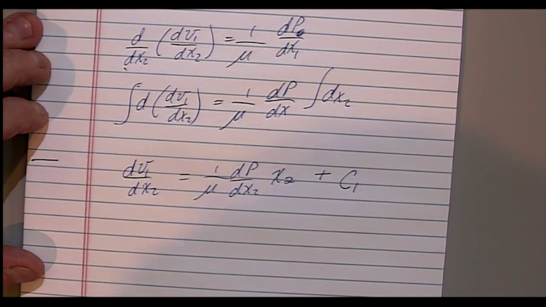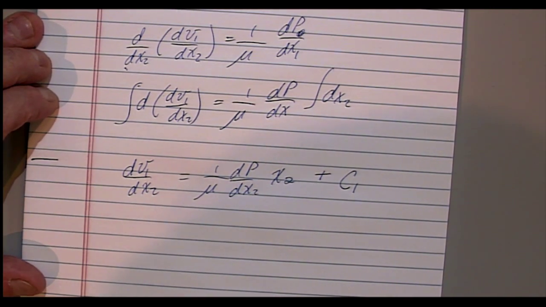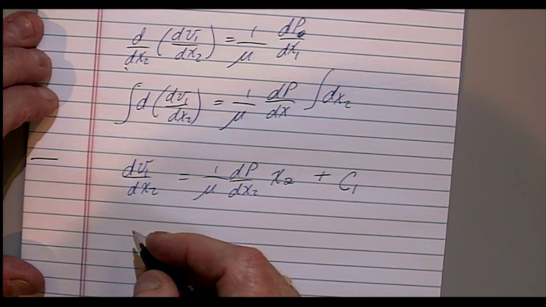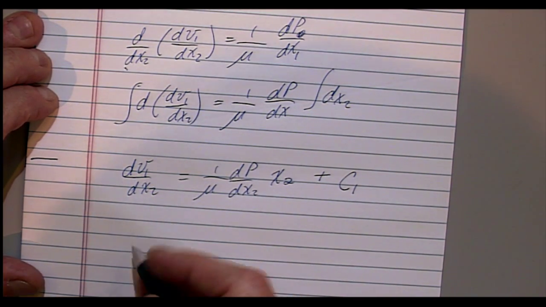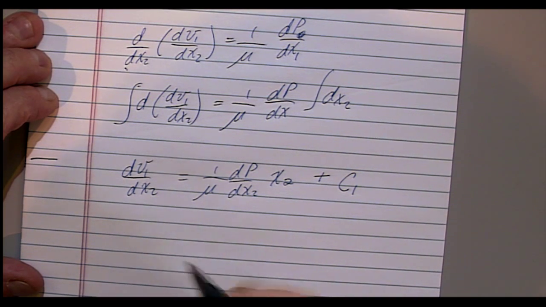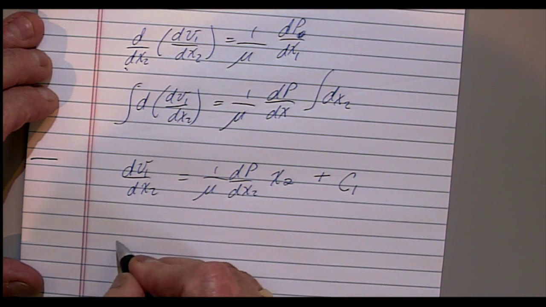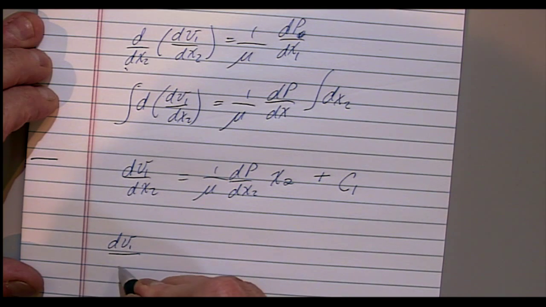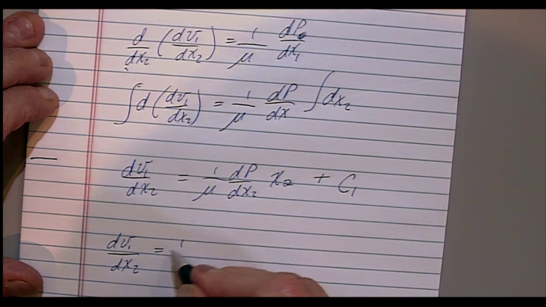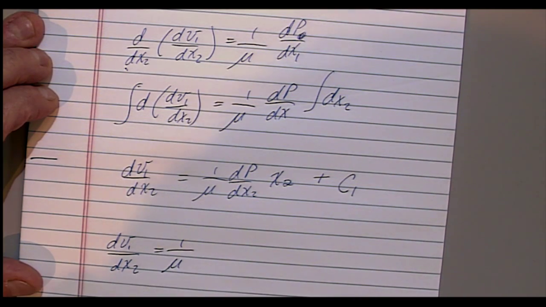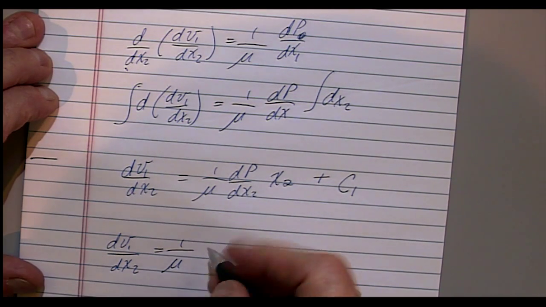Okay, so right away, I can get a bonus out of this. I can calculate the shear stress. Remember that the velocity gradient from the earlier equations for a Newtonian viscous material is just equal to 1 over the viscosity times the shear stress.